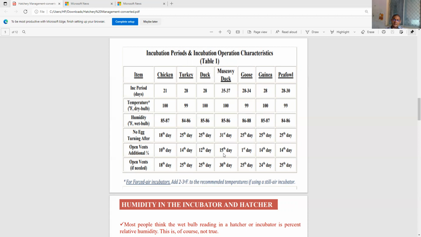If additional vents are needed, then open vents on the 18th day in chicken, 25th day in turkey, duck, goose, guinea, and peafowl, and 13 days for Muscovy duck.